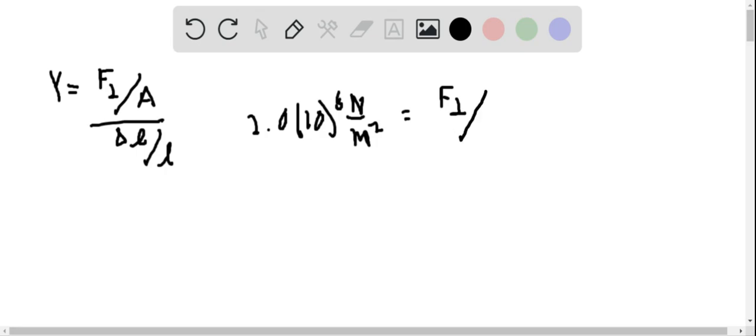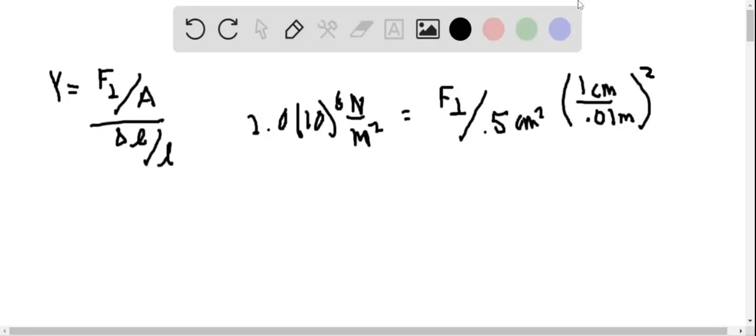This will be 0.5 centimeters squared, converted such that we have 1 centimeter divided by 0.01 meter, squared.